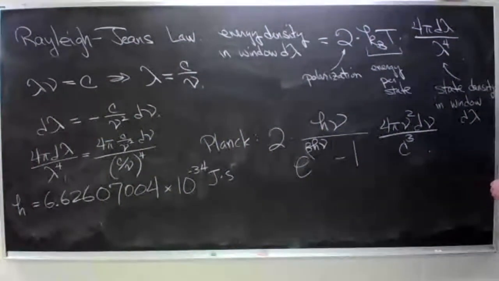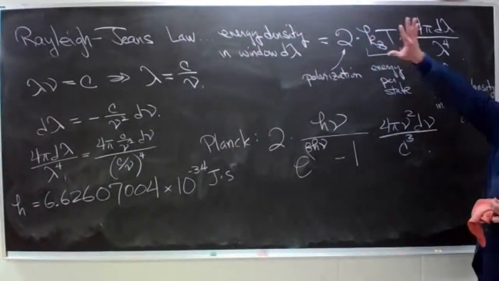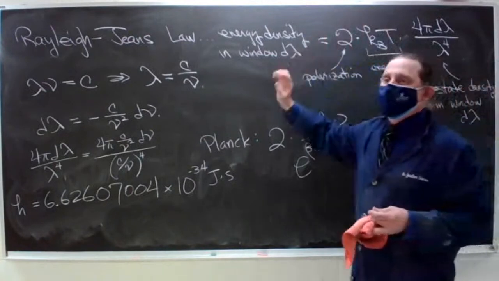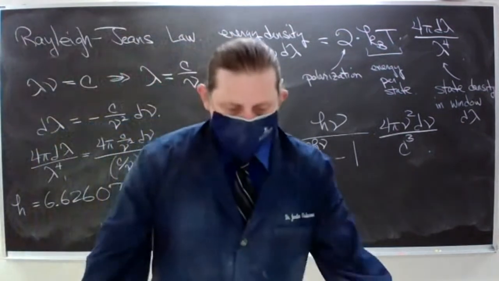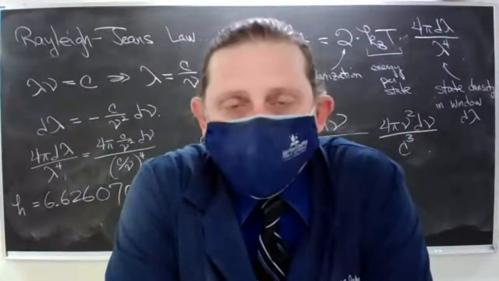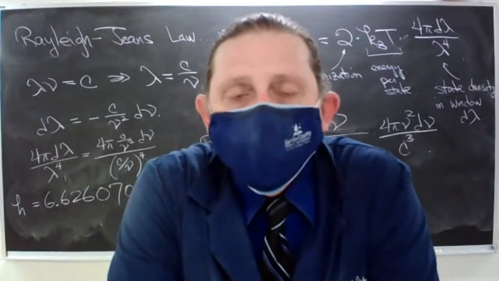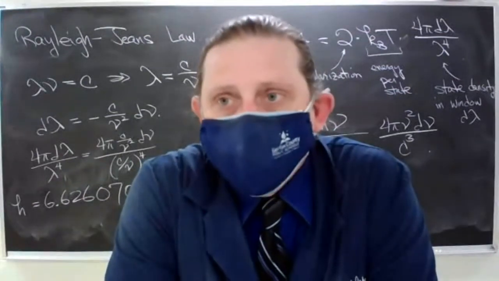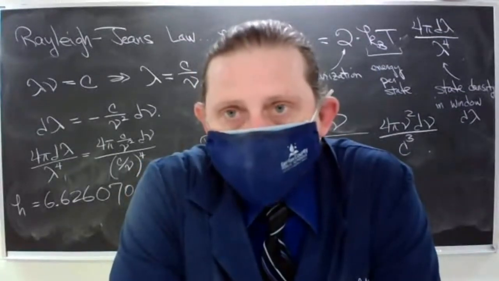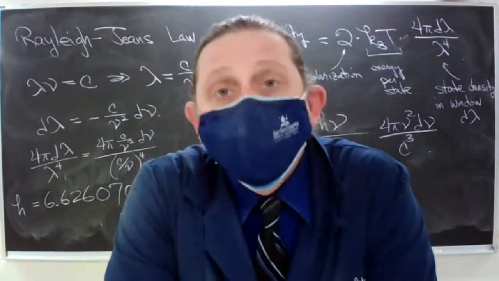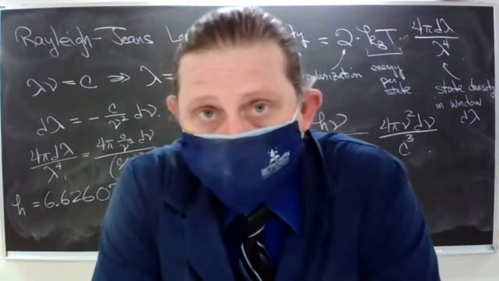All right? As we've seen, this expression is fine when the wavelength is large, when the frequency is small. It's not the large wavelength, small frequency behavior that is the problem leading to the ultraviolet catastrophe. It's the small wavelength, large frequency behavior.